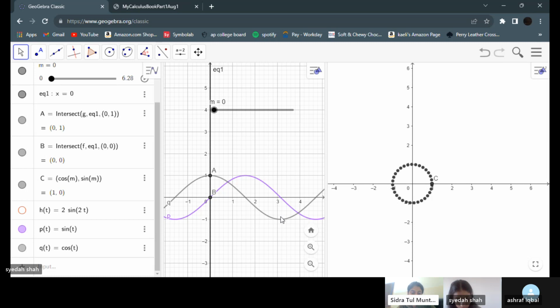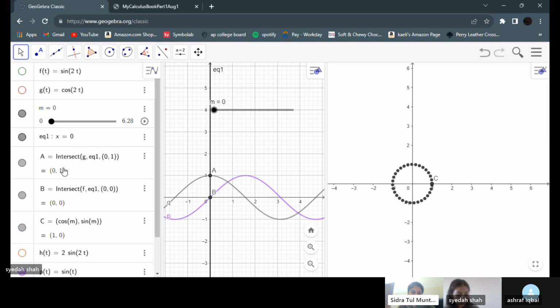Now, one minute. Move the algebra window up. Now, look at here. The function which was g of t, it was cos of 2t. And when you took the derivative of it, what did it become? The cos of 2t became 2 sin 2t. So they're similar because when you take the derivative, it equals the other one.